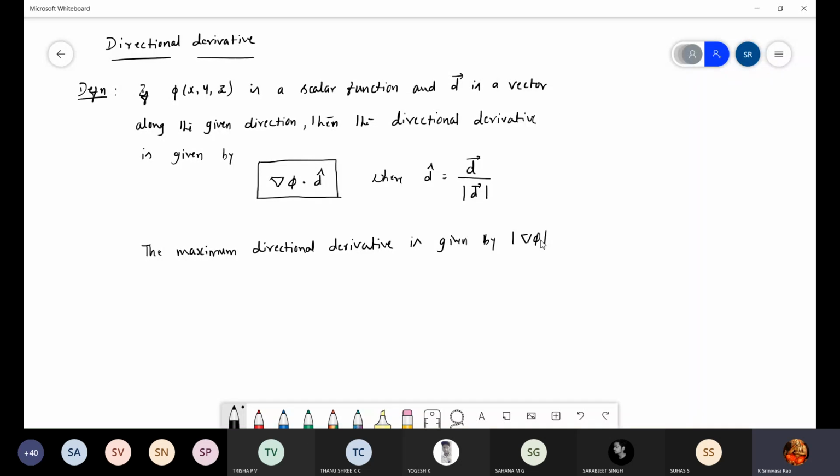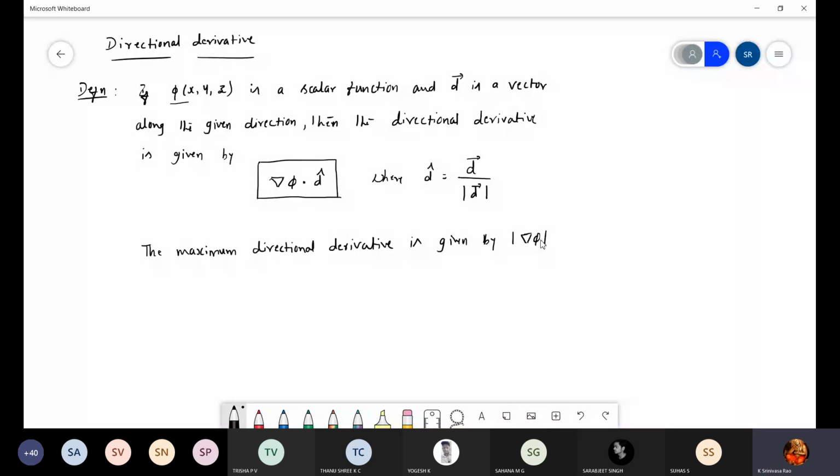So calculate grad phi and just find its magnitude, if they ask the question, find maximum directional derivative. Whereas if they ask to find the directional derivative, you have to calculate grad phi dot d cap. I hope you understand. So it is the dot product.